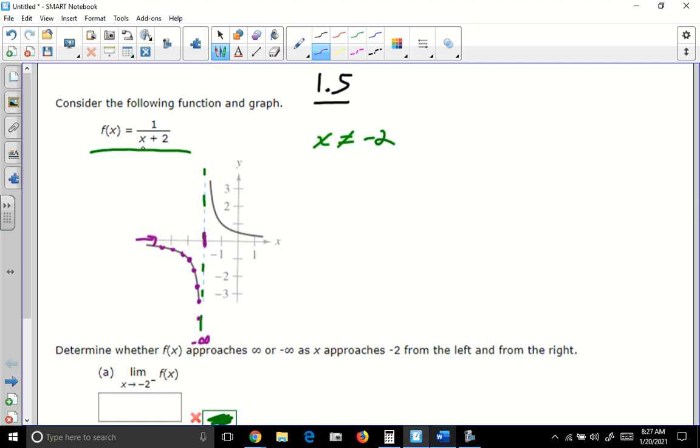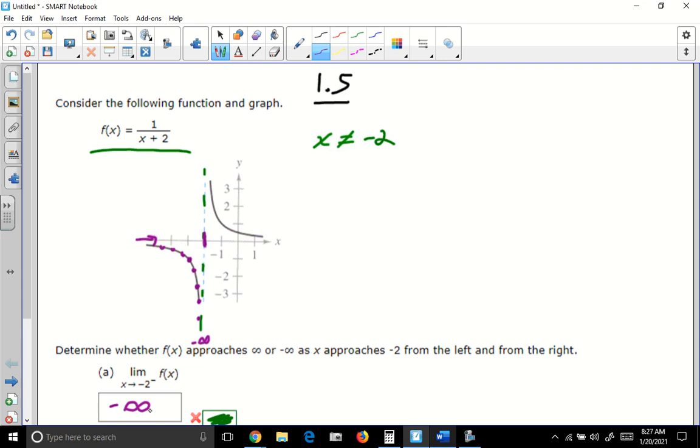If we pick a value that's really, really close to -2 on the left side, the closer we are, the bigger in the negative direction our value is going to get. So we're approaching -infinity. Now, by the definition of a limit, technically the limit doesn't exist.